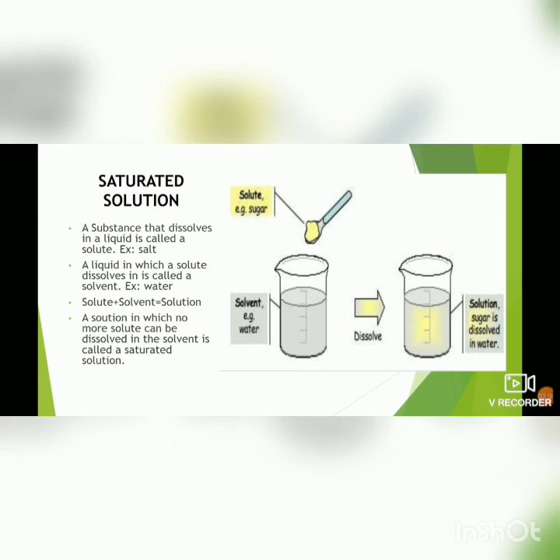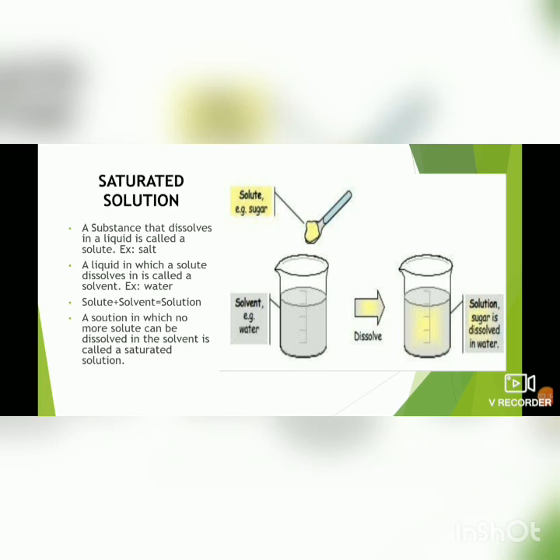The next slide shows you what we call a saturated solution. You can see a beaker there holding water. Any liquid in which something can dissolve is called a solvent. Water is called a universal solvent because it can dissolve so many things.